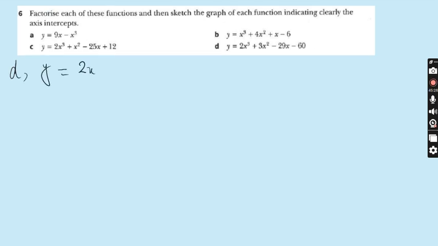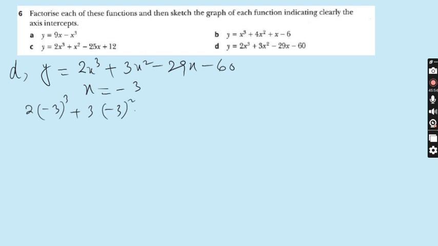y equals 2x cube plus 3x square minus 29x minus 60. Find the first factor, put minus 3. Actually, why am I putting minus 4 and minus 3? Just use the scientific calculator to get the first factor easily. So 2 times minus 3 cube plus 3 times minus 3 square minus 29 times minus 3 minus 60.